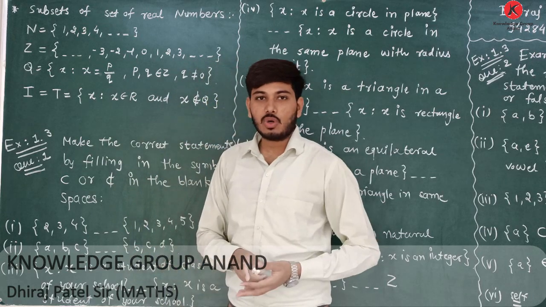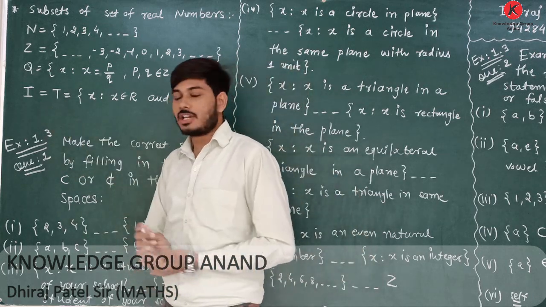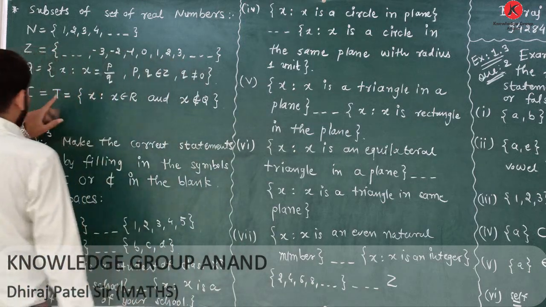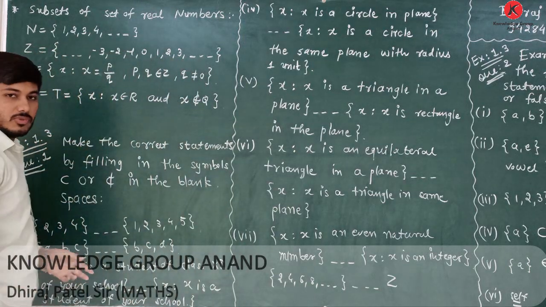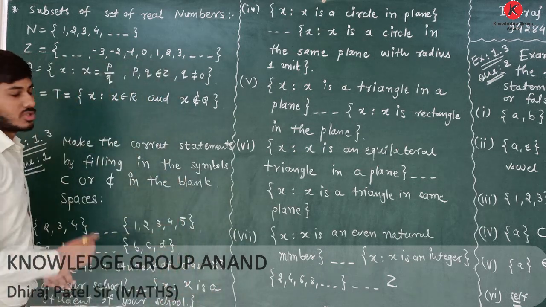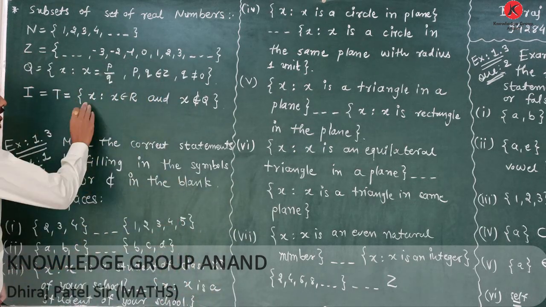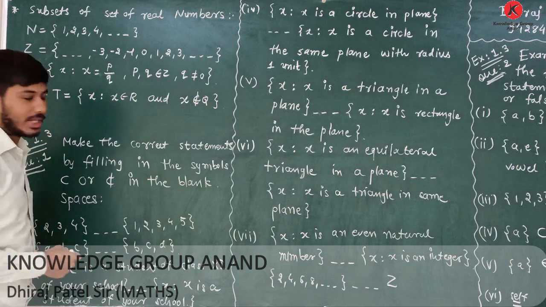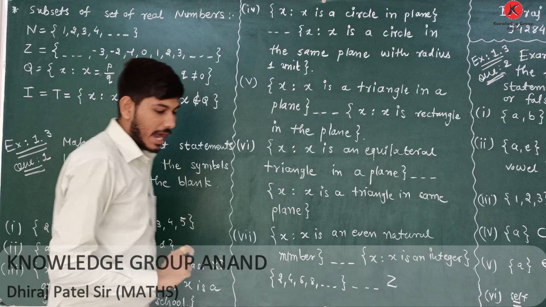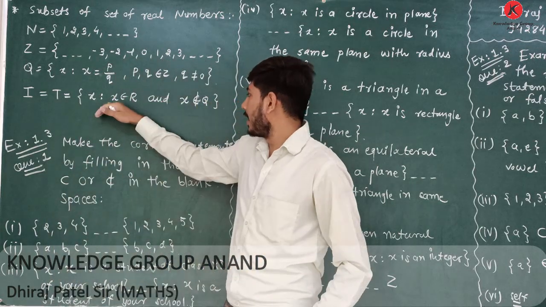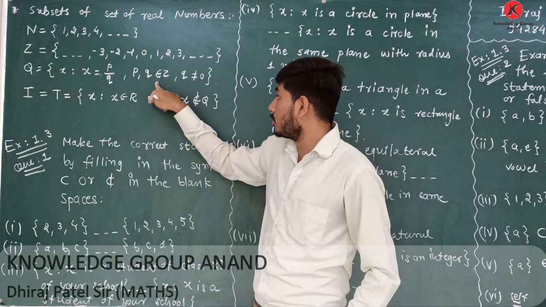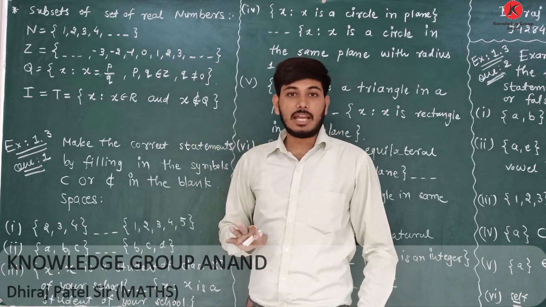X such that X is equal to P by Q. The number X is in the form of P by Q, where P and Q belong to the integers Z, and the important condition is Q does not equal 0. If Q equals 0, then the number does not exist, the number is not defined. Therefore, we take Q not equal to 0.